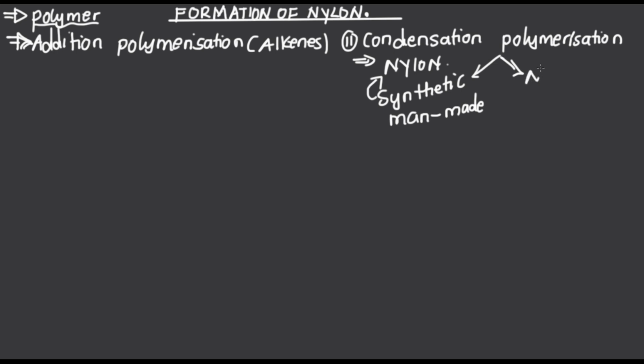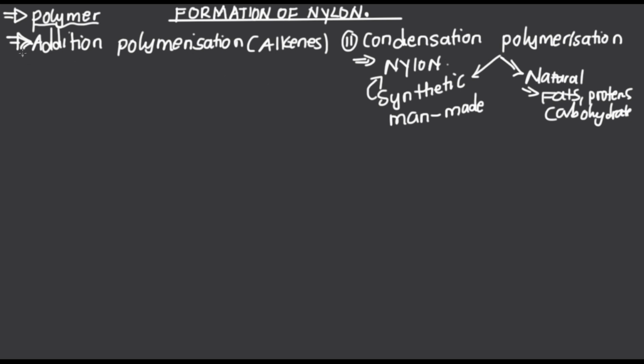The second one is natural polymers, such as fats, proteins and carbohydrates. All these are examples of natural polymers. Why? Because they are not made by human beings. So let's hope we've cleared what is meant by synthetic and natural polymers.